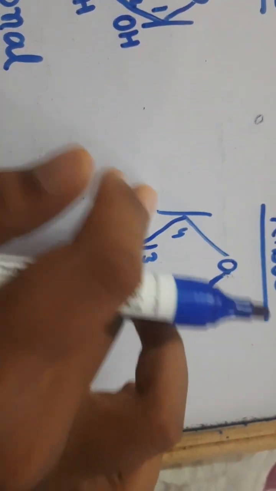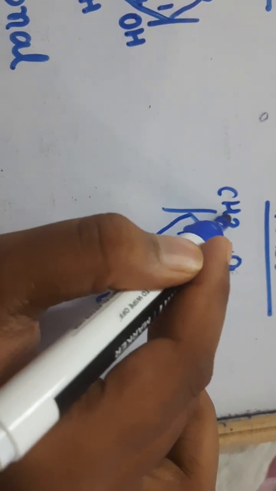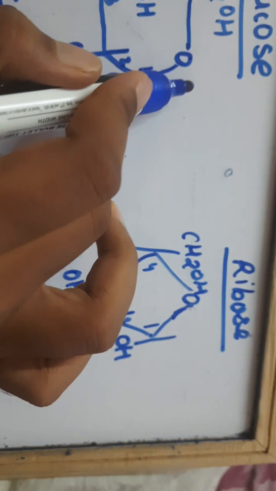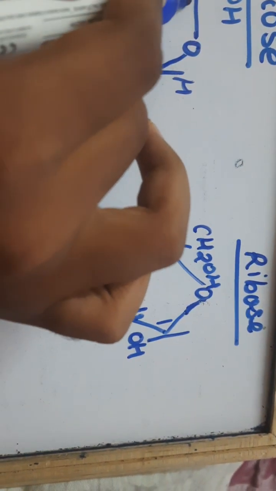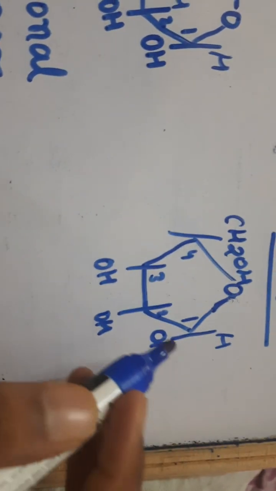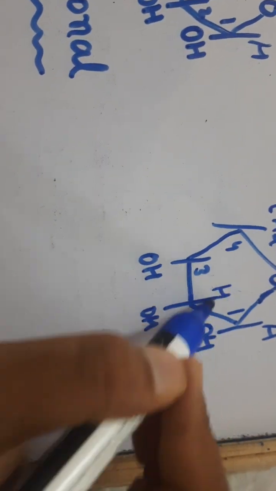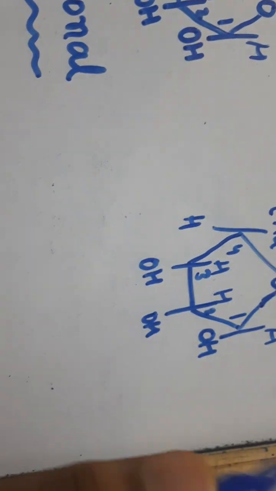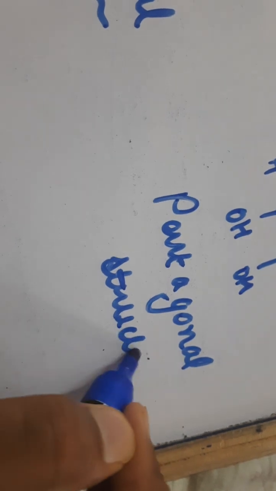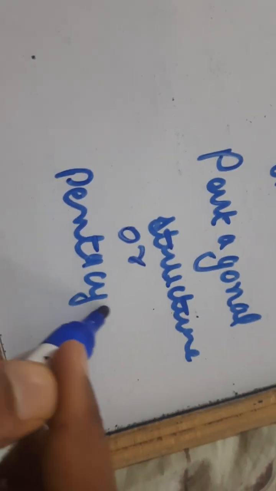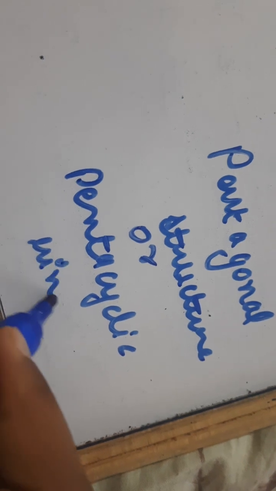Not at 4 here, it will be CH2OH. The remaining places consist of H. H, H, H, H. Here also H, H, H, and H. It is a pentagonal structure, or we can say a pentacyclic ring.